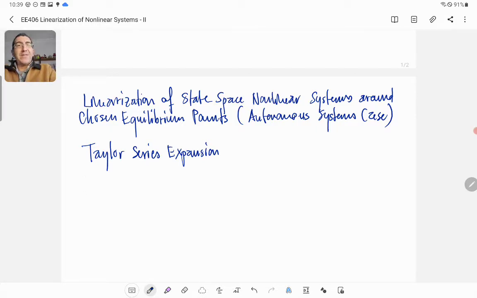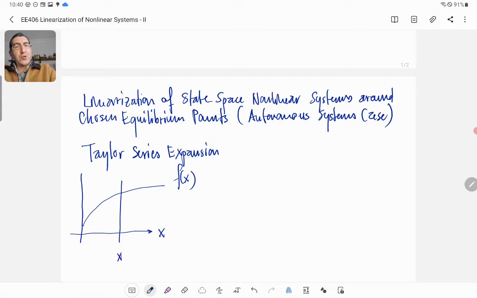So if you have any arbitrary nonlinear function, let's say this is our f of x, at this point it's a scalar variable x that I'm considering, but as we will see, this generalizes nicely to any vector function or multiple variables.